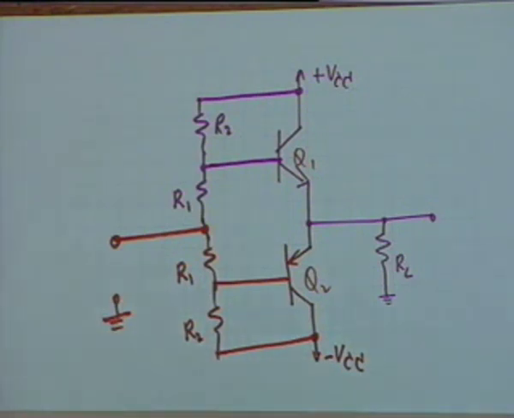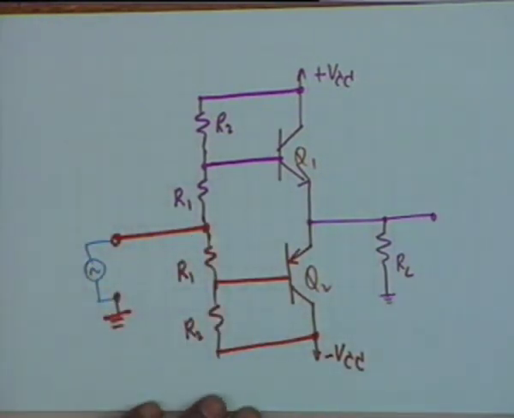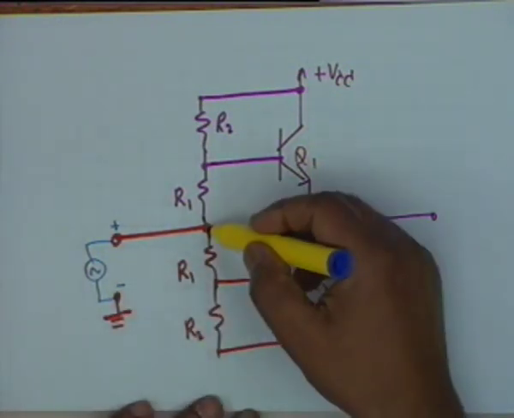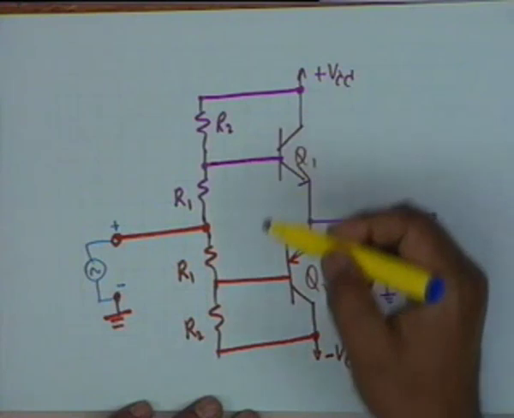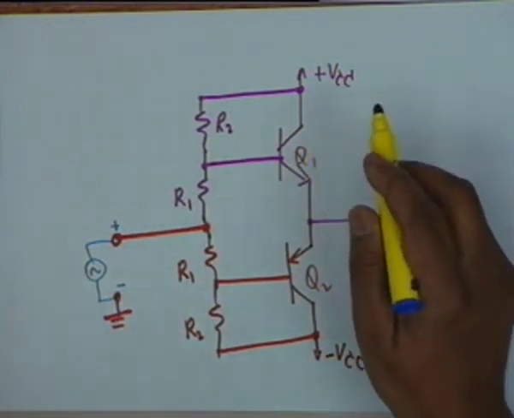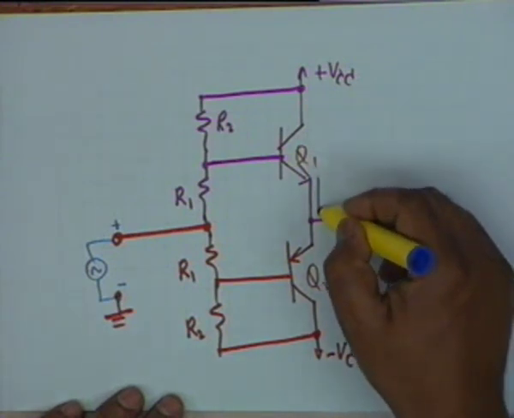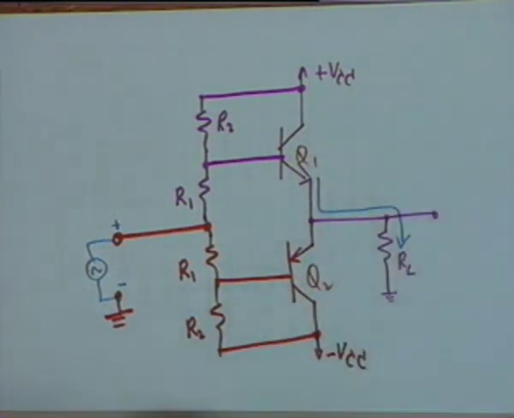Let us see what happens when you connect an AC source, let us say here. When you connect a signal source here, when this terminal is positive with respect to this terminal, then current flows like this. So the NPN transistor conducts, and it allows a current to flow like this.